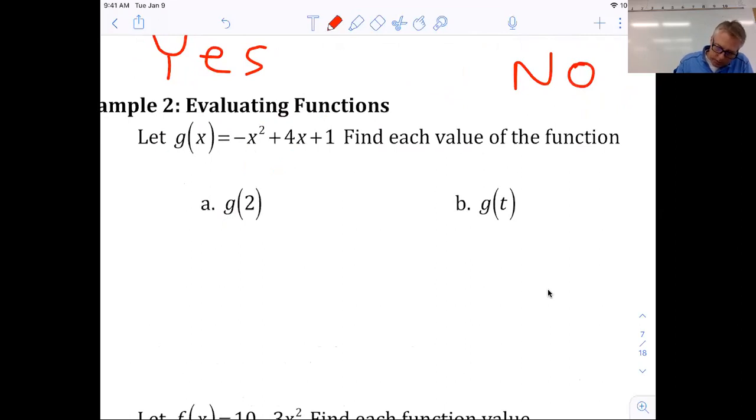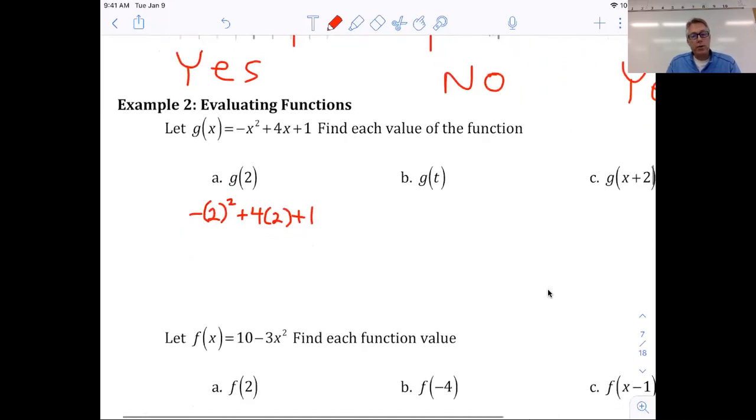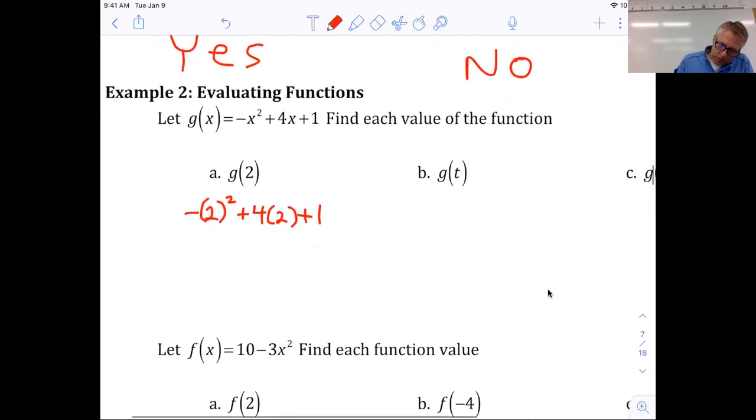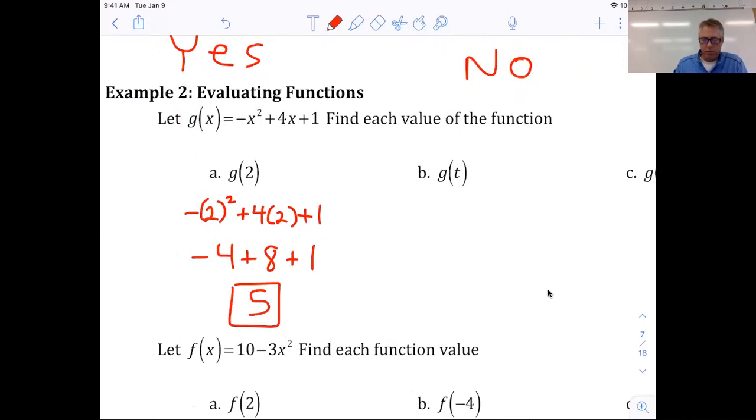So it'll be negative 2 in parentheses squared plus 4 times 2 plus 1. Now remember to use your parentheses when you're plugging them in. Because in this case we do 2 squared, which is 4, and then that's minus 4 plus 8 plus 1, and so we get 5. So we would say G of 2 is equal to 5.